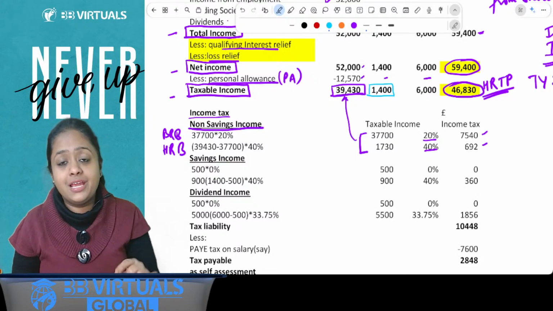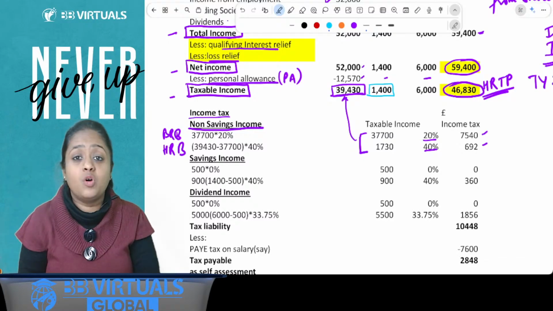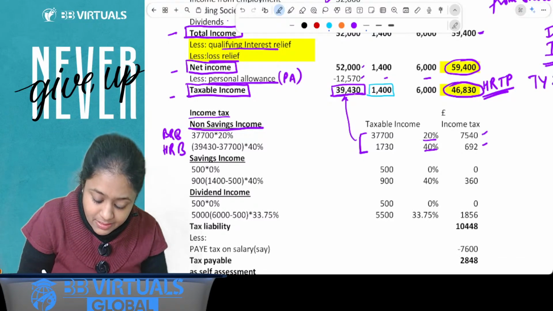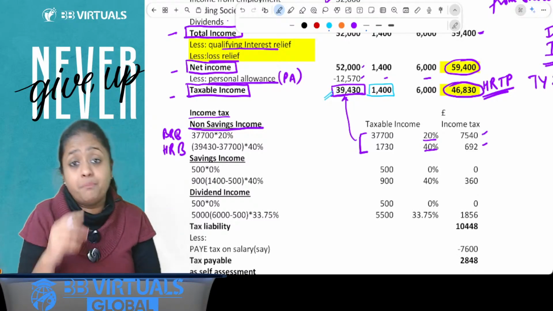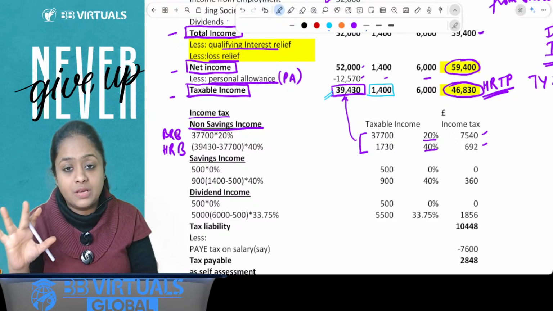But let's first check, is the 5,000 starting nil rate band applicable? For that, I need to see the non-savings income. Non-savings income is 39,430, beyond 5,000. So no starting 5,000 nil rate band will be applicable.